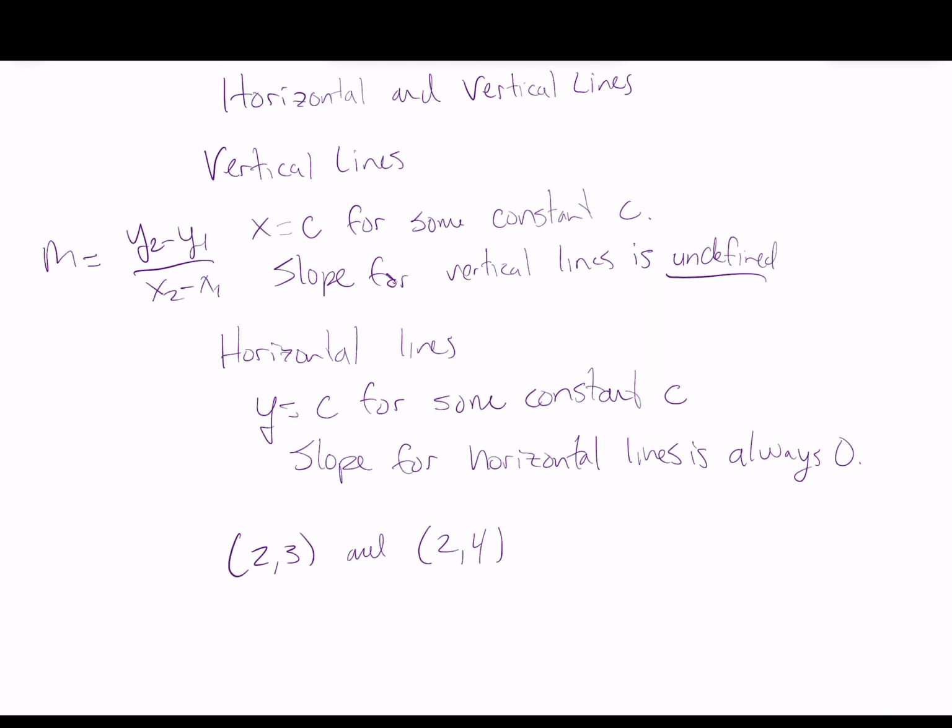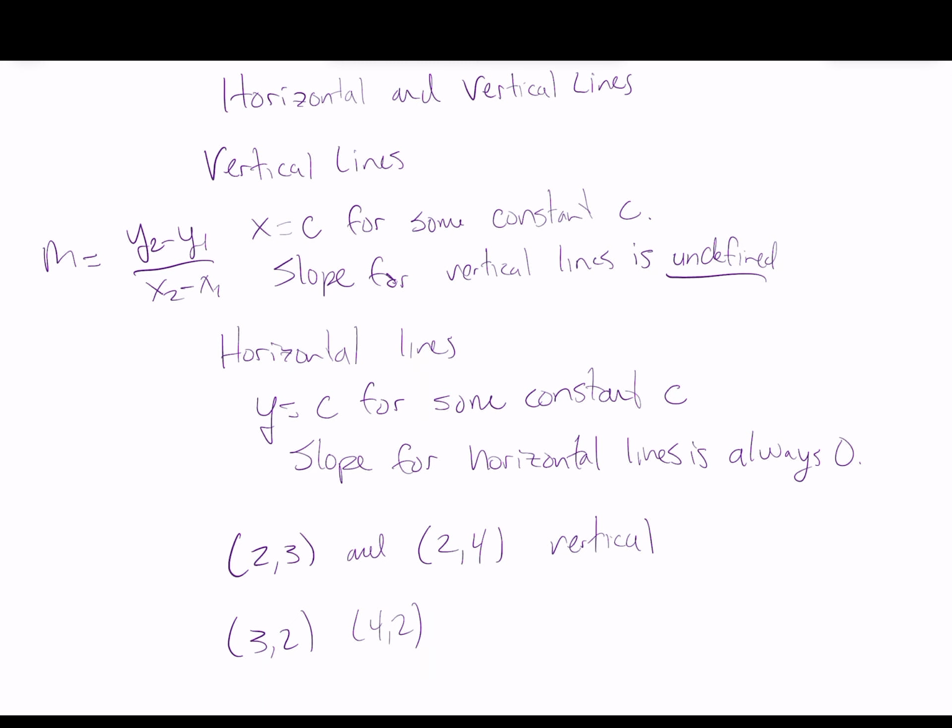What if it was the other way around? What if it was 3, 2, and 4, 2? This time we have a constant in y. That means that the x's can change, but the y's don't.